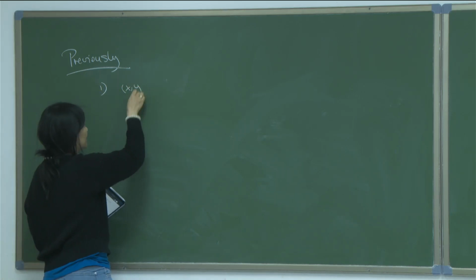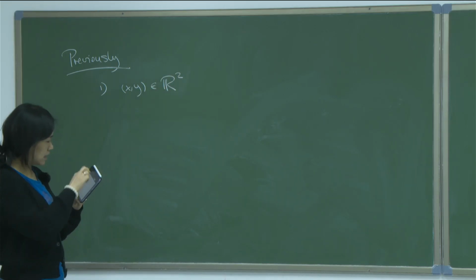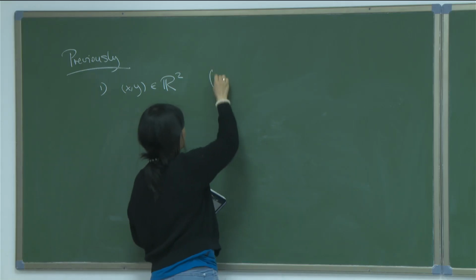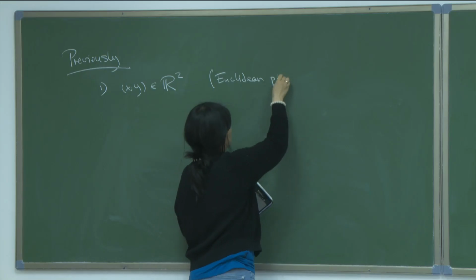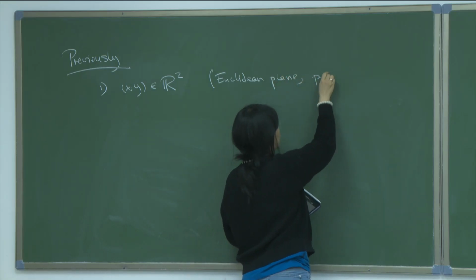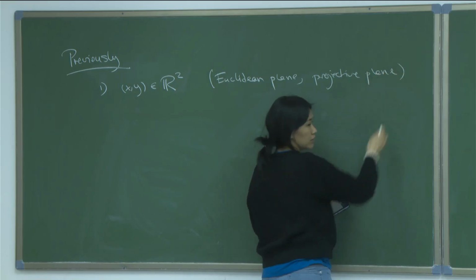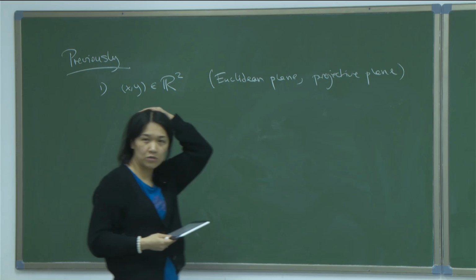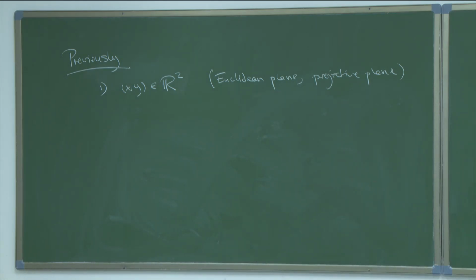We did something with the points in the plane, and we said we can interpret it as either the Euclidean plane or the projective plane, right? And we can do all sorts of geometry in this R2 and just pretend we don't know about Euclidean or projective, right? And then we can prove theorems, and then they can be both.